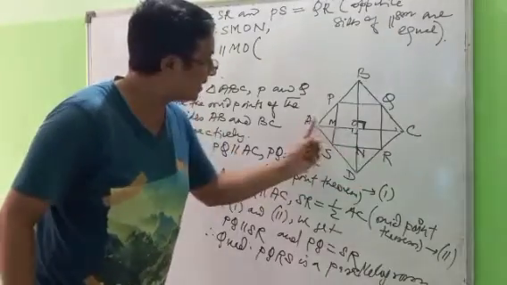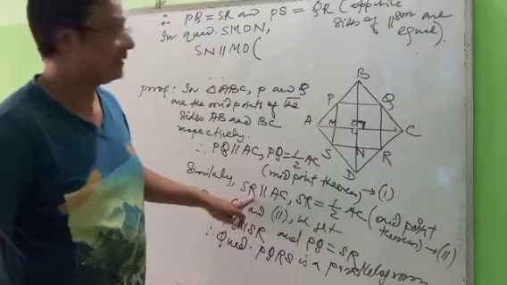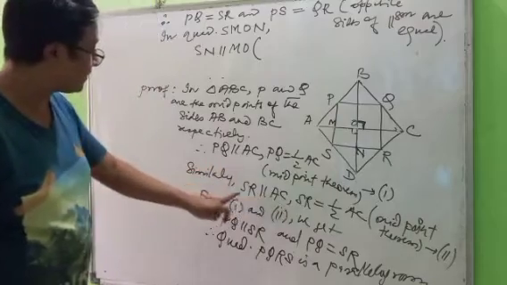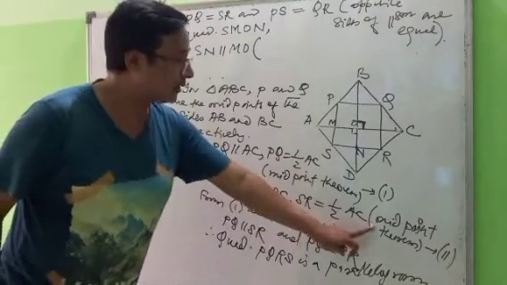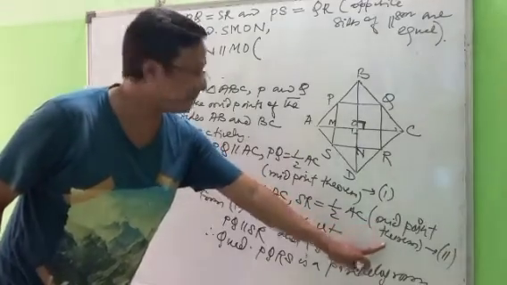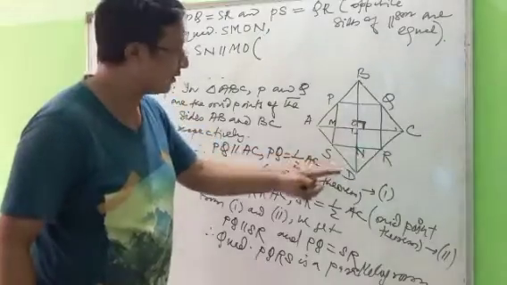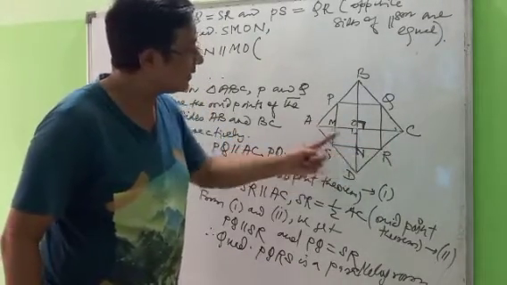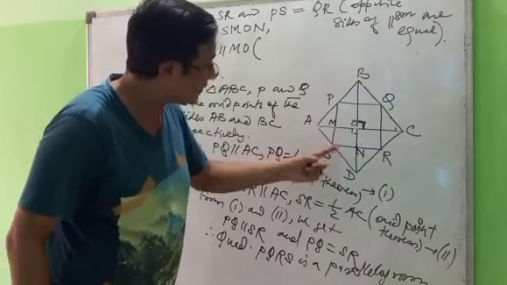That is why SN is parallel to MO. How did you get SR parallel to AC? Because you got it through the midpoint theorem. That means the line segment joining the midpoints of two sides of a triangle. The triangle is ACD and S and R are the midpoints of AD and DC. So therefore SR is parallel to AC.